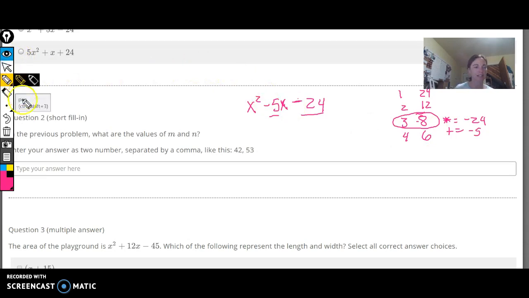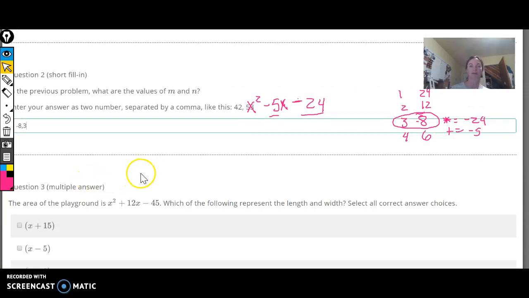So my answer here is going to be negative 8, 3. And I'm not sure if there's a space in there or not. Don't worry about it. I grade these, so I'll have a chance to look at that. Okay, so moving on.